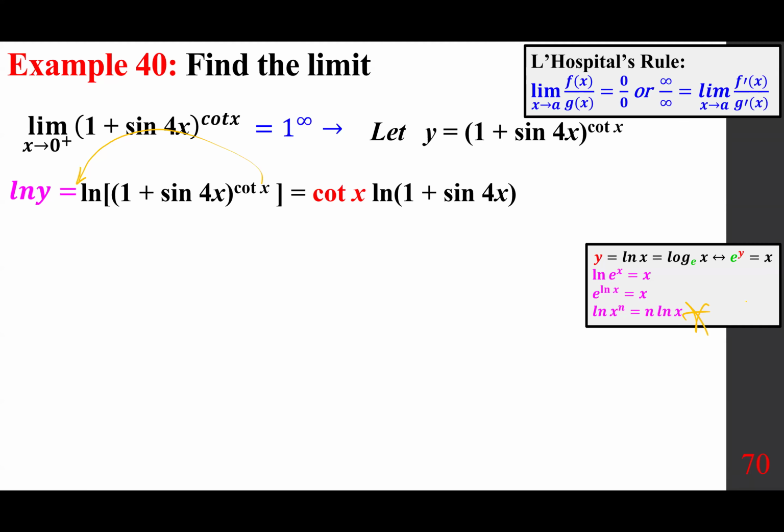And so cotangent is 1 over tangent, so I'm going to put this 1 over tangent x.